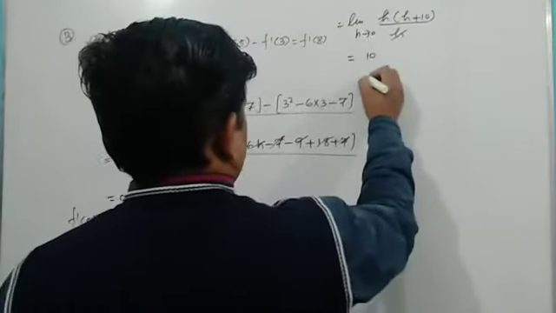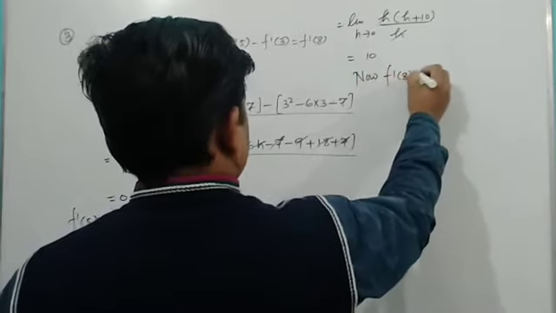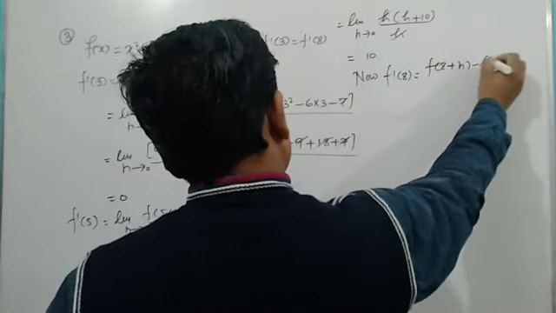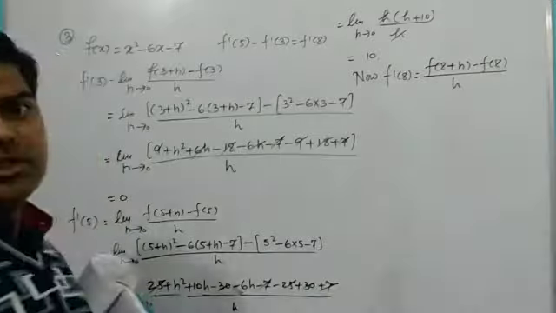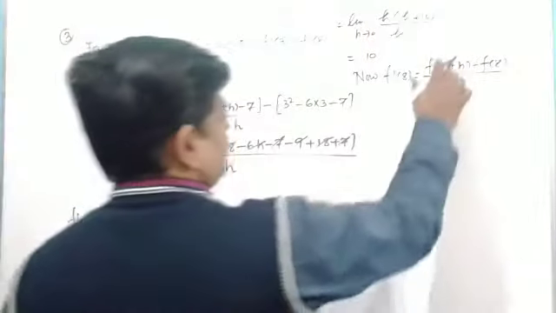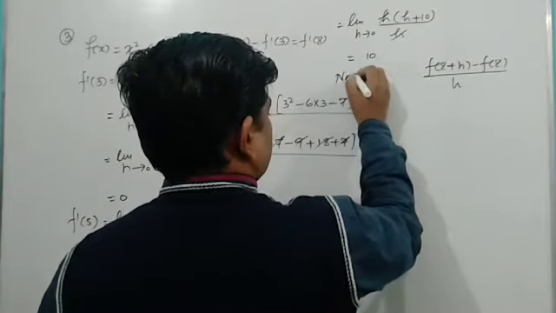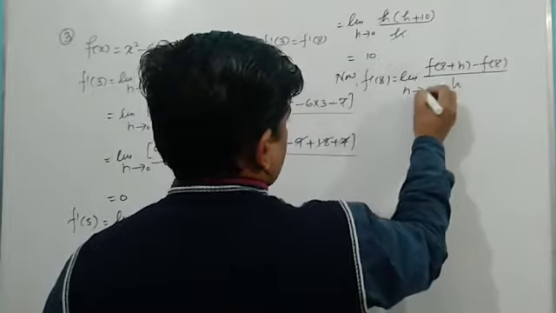Now I'm just going to find f'(8). f'(8) will be [f(8+h) − f(8)] upon h. Sorry, I forgot to write the limit here. f'(8) is equal to limit h tends to 0.